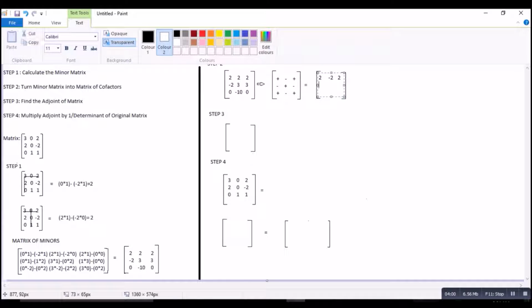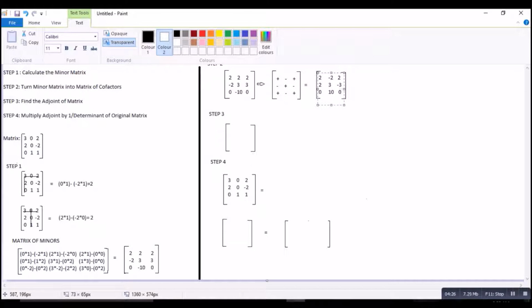Now again, changing the sign of the alternate positions, we get the values 2, 3, and negative 3. And for the last row, the values will be 0, 10, and 0. Hence, in this way, the matrix of cofactors is achieved.